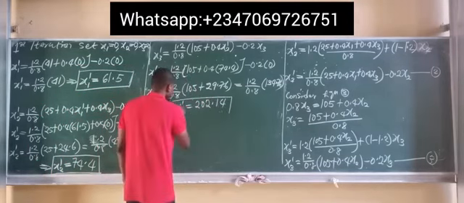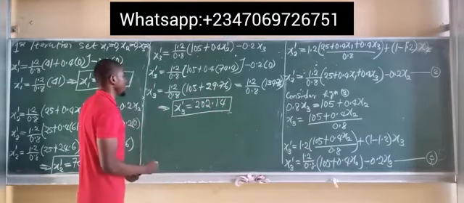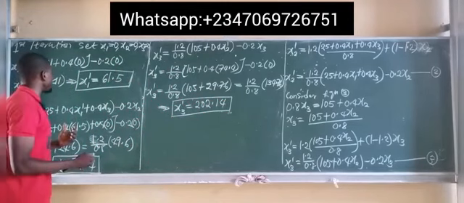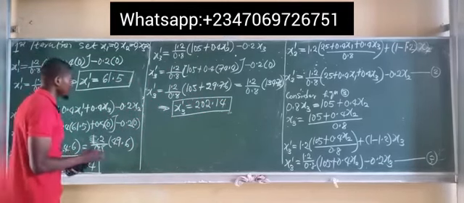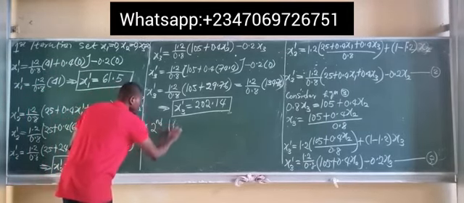So this becomes the first iteration value for variable x3. We've done the first iteration for all the equations. Next we'll try the second iteration.